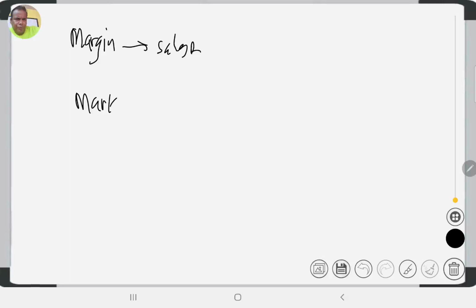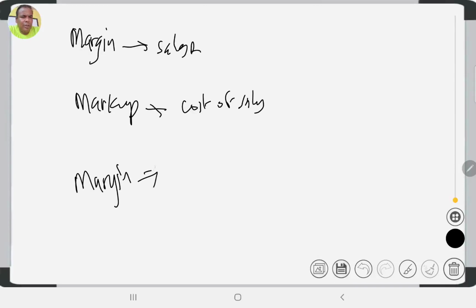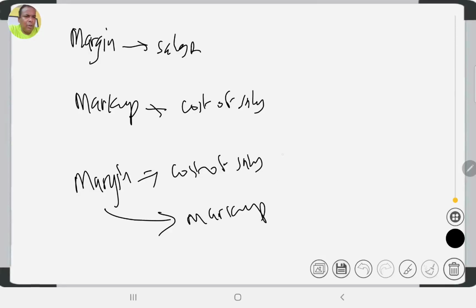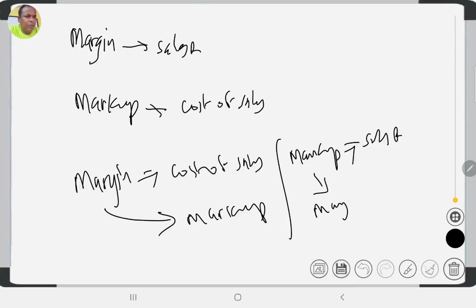Markup goes with cost of sales. So in case we are given margin and cost of sales, we have to convert the margin into markup. Or if we are given markup and sales revenue, we have to convert the markup into margin.